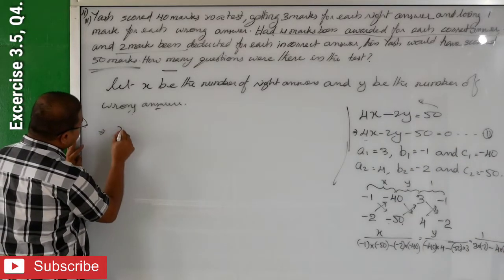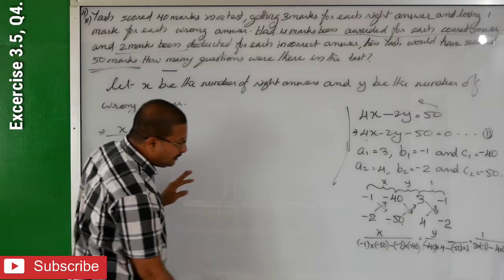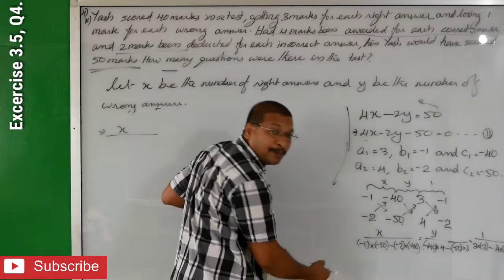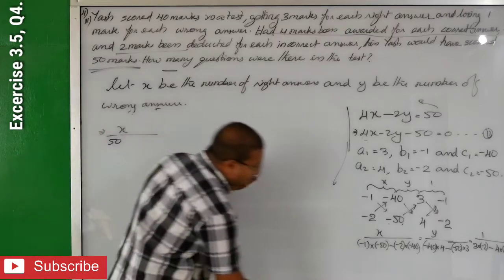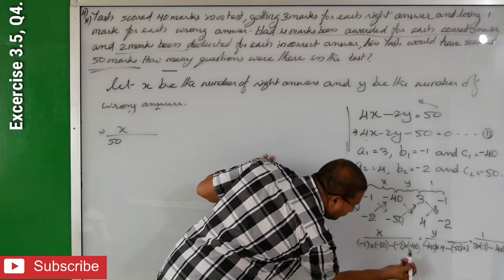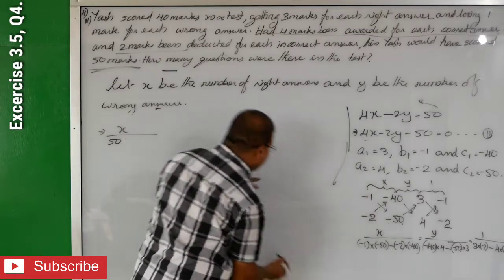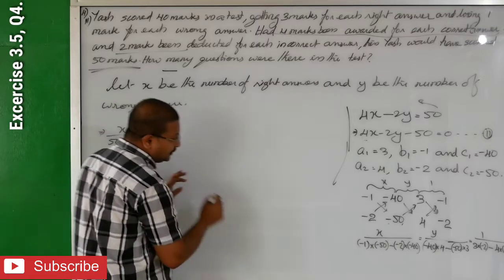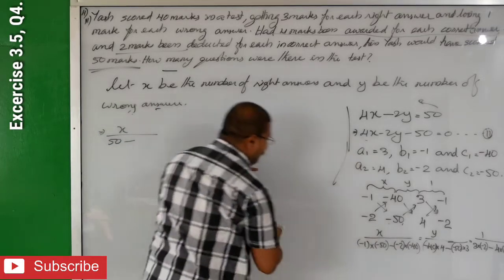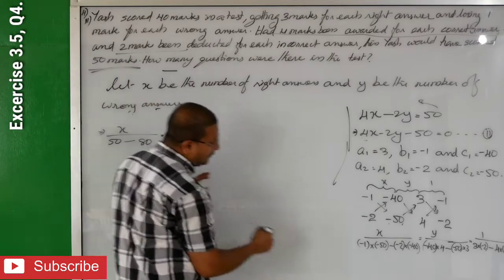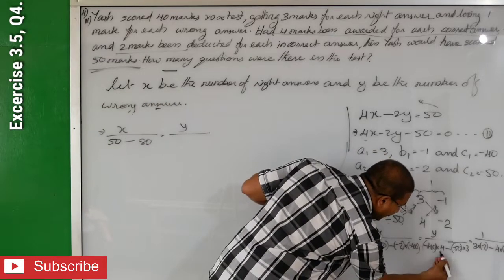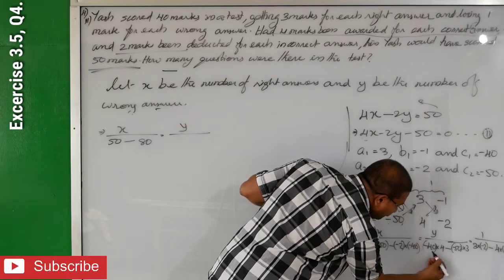So this implies x divided by, minus into minus plus 50 into 1, 50. After that, minus into minus plus, but here one minus is there, so that minus will write first. After that, 2 into 40, 2 40s are 80 equals y divided by, minus into plus minus. So 4 4s are 16.